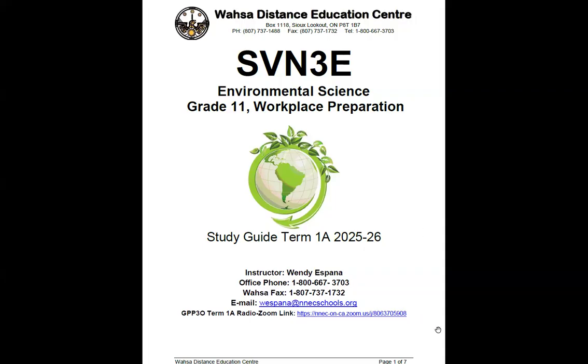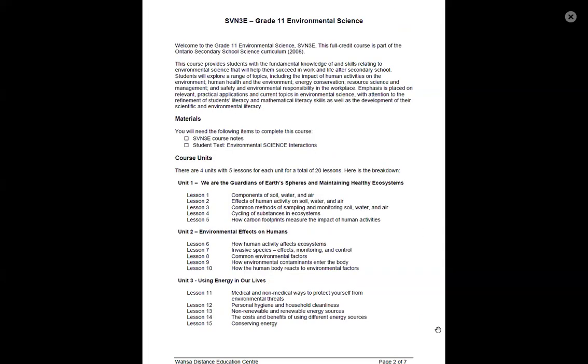Okay, so we know that we have the 4 units, with 5 lessons for each unit. We started with Unit 1, guardians of the Earth's spheres and maintaining healthy ecosystems, lessons 1 to 5. Unit 2, environmental effects on humans, lessons 6 to 10.